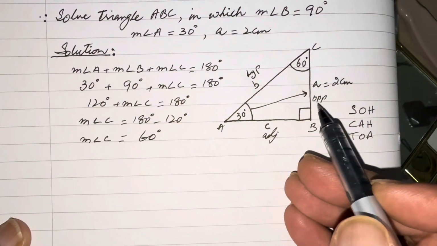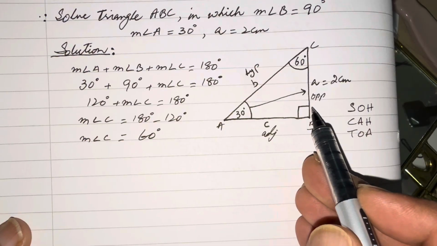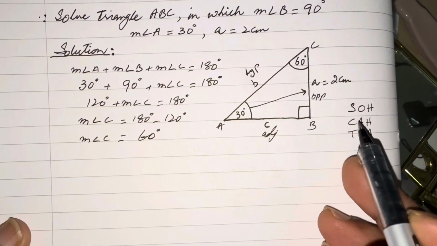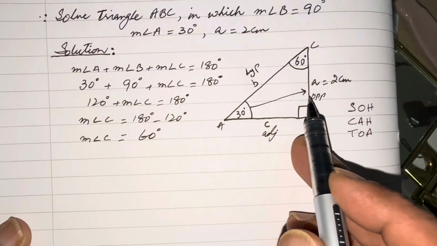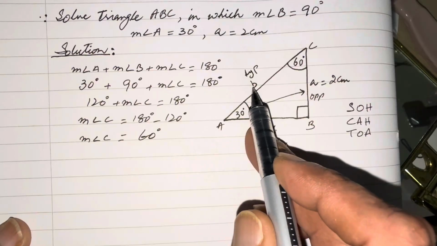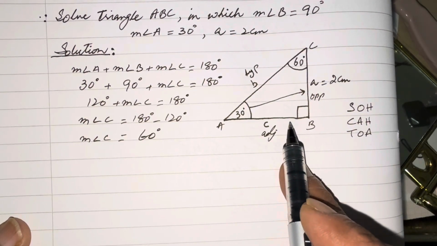First of all, you see that the opposite side is given. So let's see which word is suitable for the given conditions when we have to find the length of the hypotenuse and the length of the adjacent side.